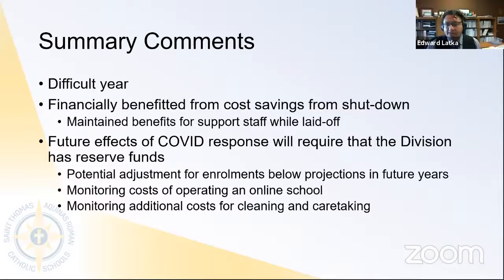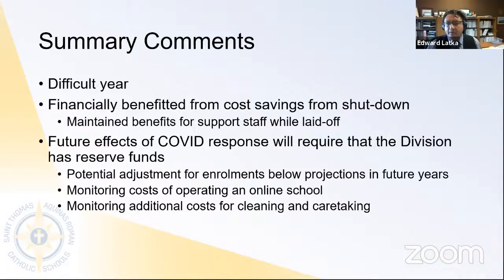We know that also, and I didn't list it in part of our context, that the province changed our funding going forward in the framework of which jurisdictions are funded. And part of that results in, because our enrollments for the current year are less, and it's indicated in a note to the financial statements, that we have a potential adjustment for enrollments being below our projections because of the circumstances that we're in. And that adjustment will impact us in future years.